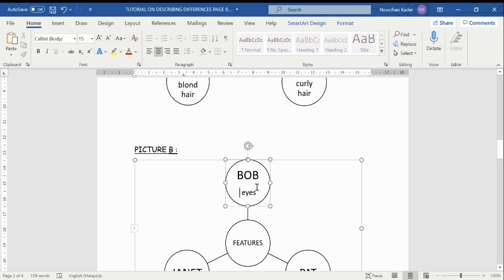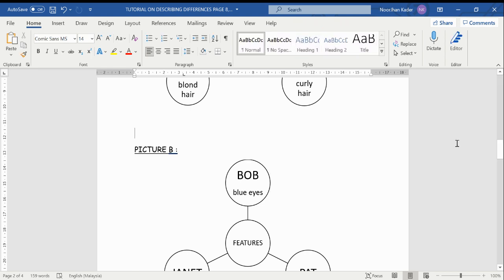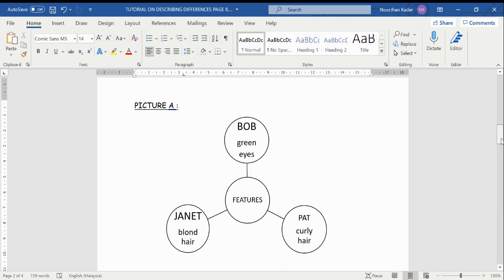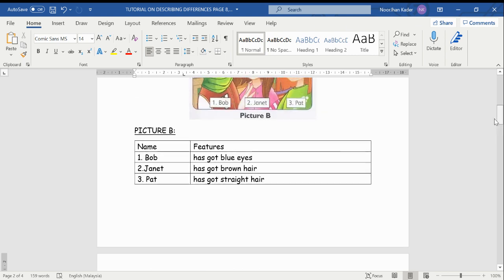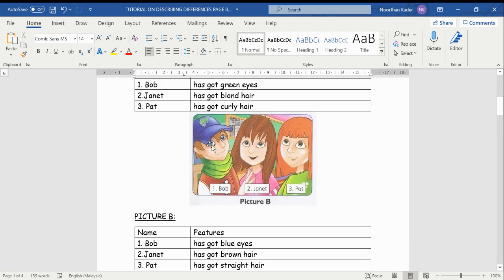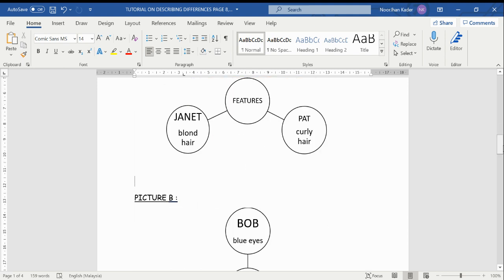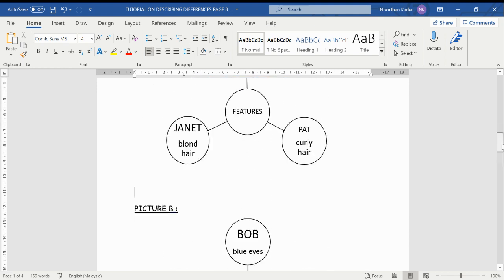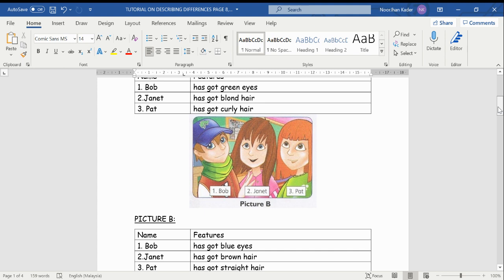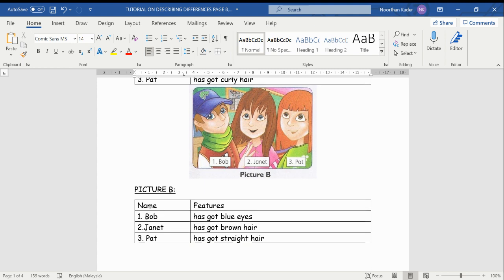Okay, in picture B, Bob has got blue eyes. Okay, let's check again. Does Bob have blue eyes in picture B? Yes, blue eyes. Bob has got blue eyes in picture B. Okay, and Janet, what does Janet have now?